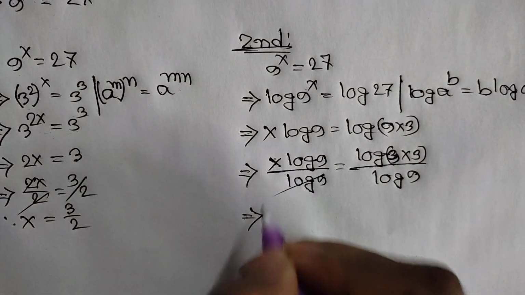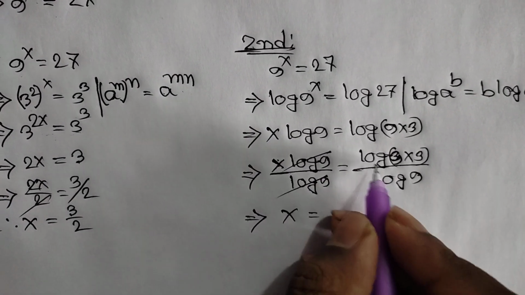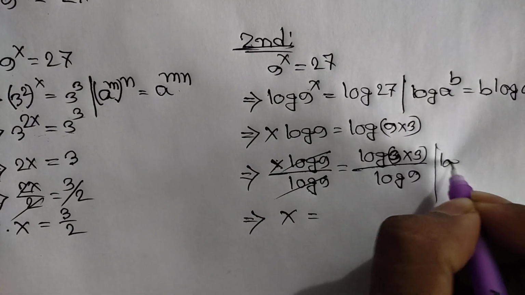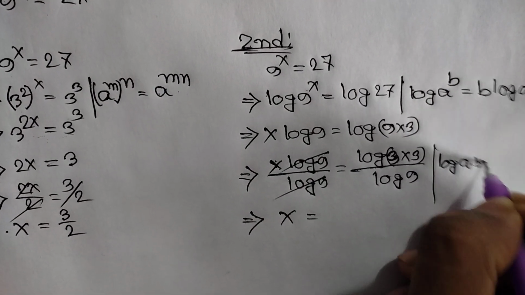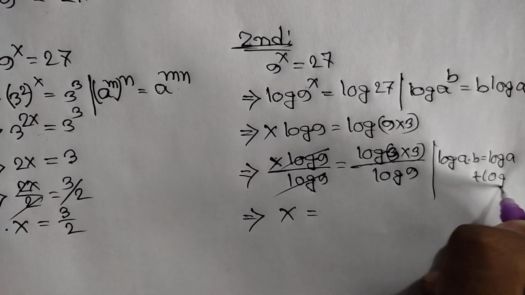This log of 9 cancels out this log of 9, so x is equal to, here we can apply this rule, log of a times b is equal to log of a plus log of b.